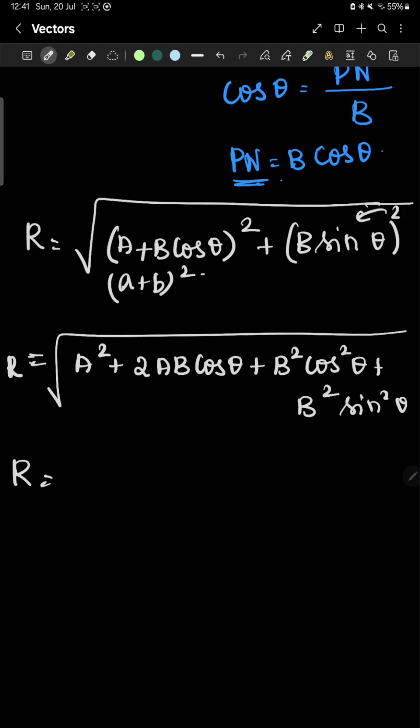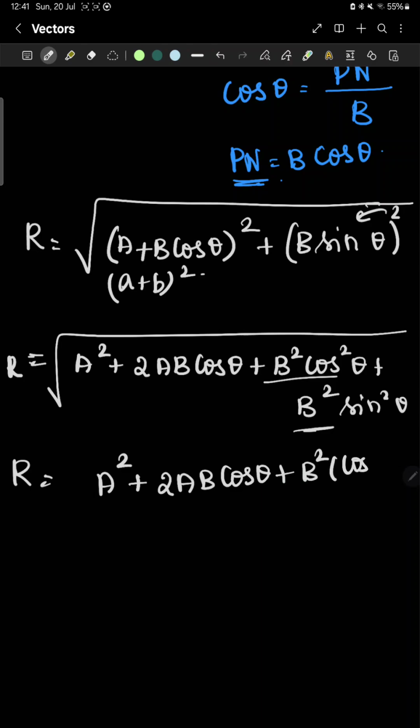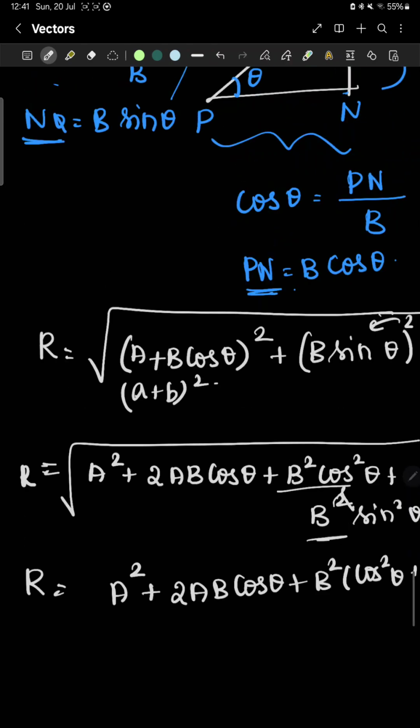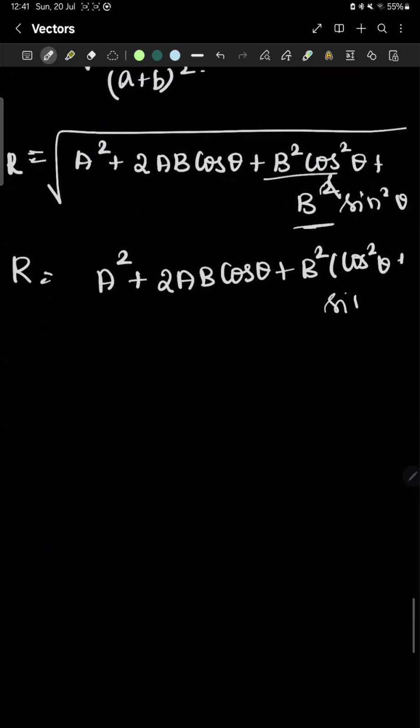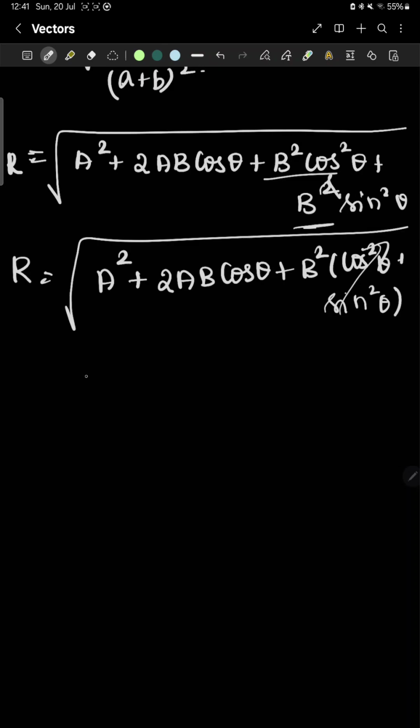Now see here, B square is common, so I can take that out. So A square plus 2AB cos theta plus B square times cos square theta plus sin square theta, and this becomes 1. So I can write it as the square root of A square plus B square plus 2AB cos theta.